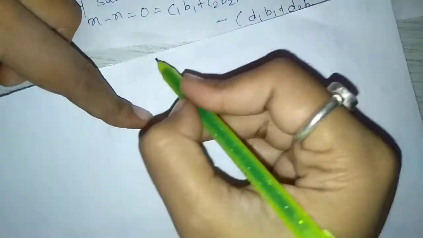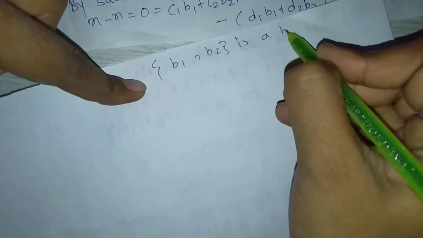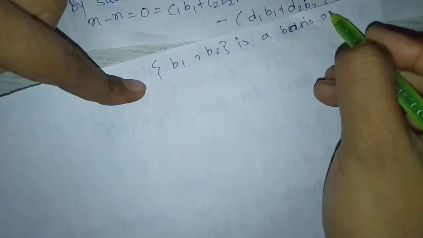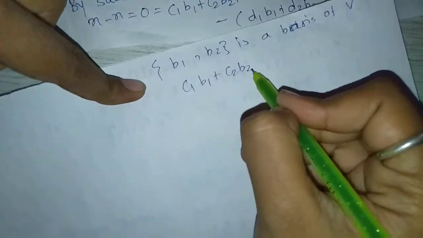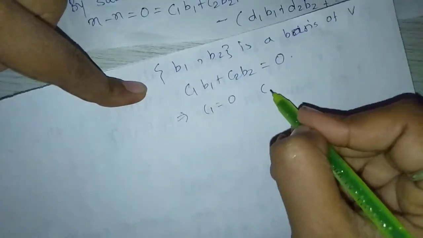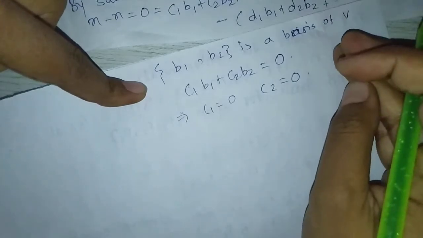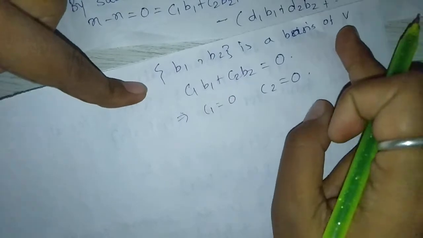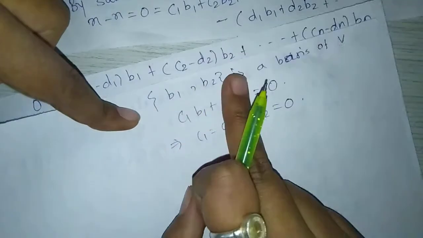We know that if B1, B2 is a basis of V, then C1 B1 plus C2 B2 equals 0 means C1 equals 0, C2 equals 0, for linear independence, because in the definition of basis, B1, B2 is linearly independent and every vector in V can be written as a linear combination of B1, B2.